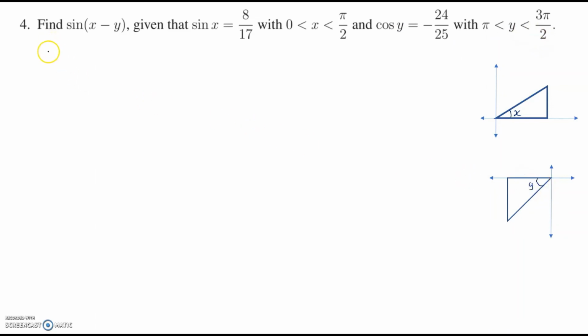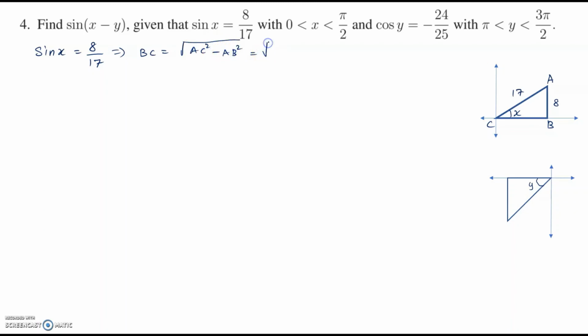Okay, so given to us sine x is equal to 8 by 17. So since sine x is 8 by 17, the opposite side will be 8 and the hypotenuse will be 17. Let's define this as A, B and C. Therefore, the length BC is equal to root of AC squared minus AB squared.